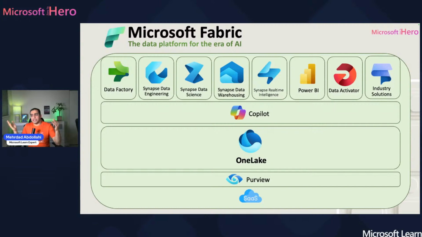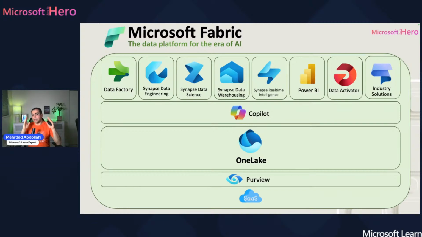Or even for data engineering, we've got Synapse, where we can create our lake houses. Lake houses are basically a combination of data lake and data warehouses, which gives you a lot of benefits.